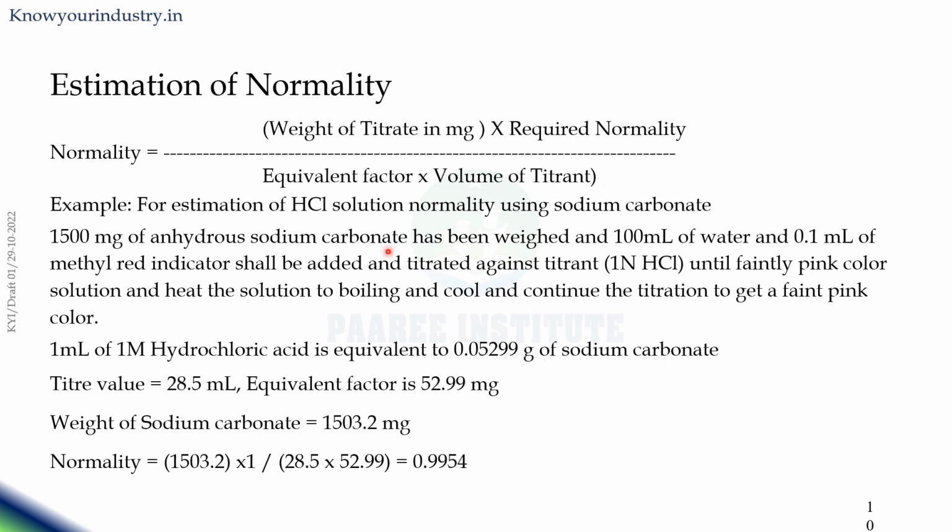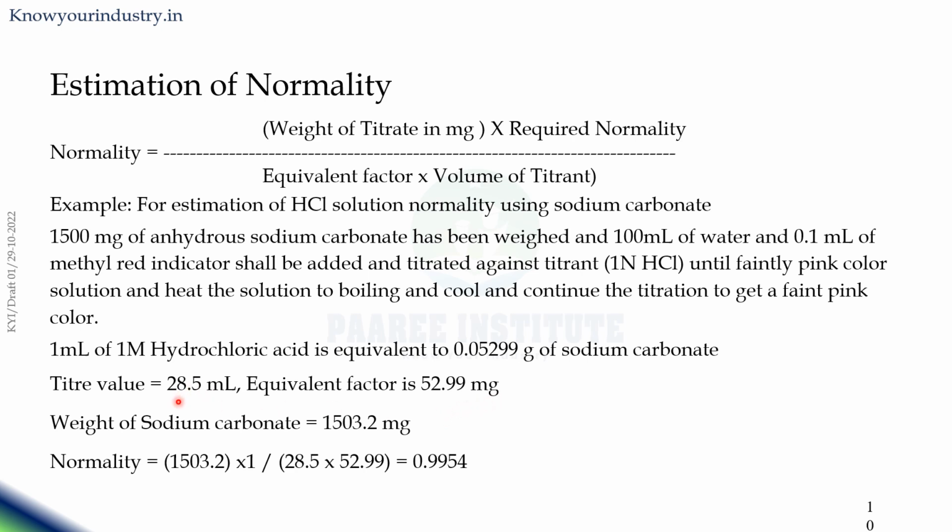Now you take 1500 mg of anhydrous sodium carbonate in 100 ml of water, add 0.1 ml of indicator, and titrate against the 1 normal hydrochloric acid solution you prepared until you get a faint pink color permanently. The conversion factor is that 1 ml of 1 molar hydrochloric acid solution is equivalent to 0.05299 gram, that is 52.99 mg.